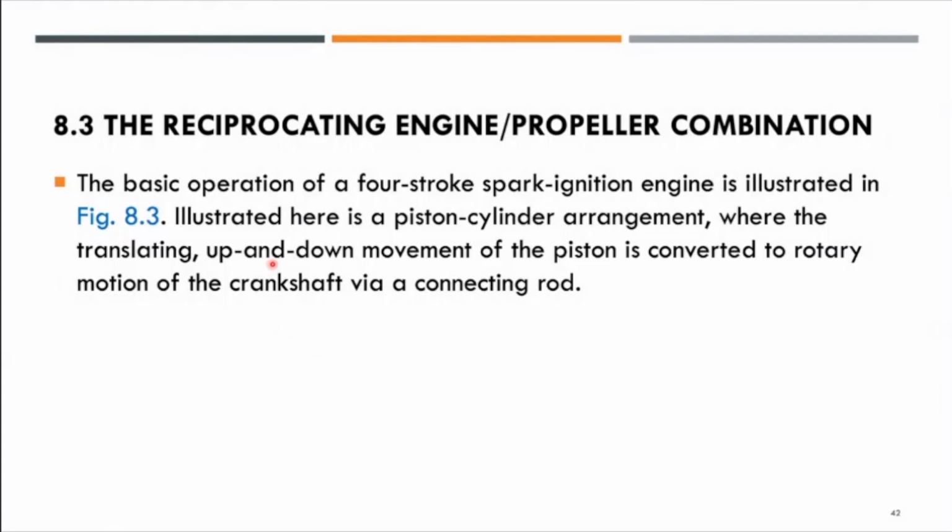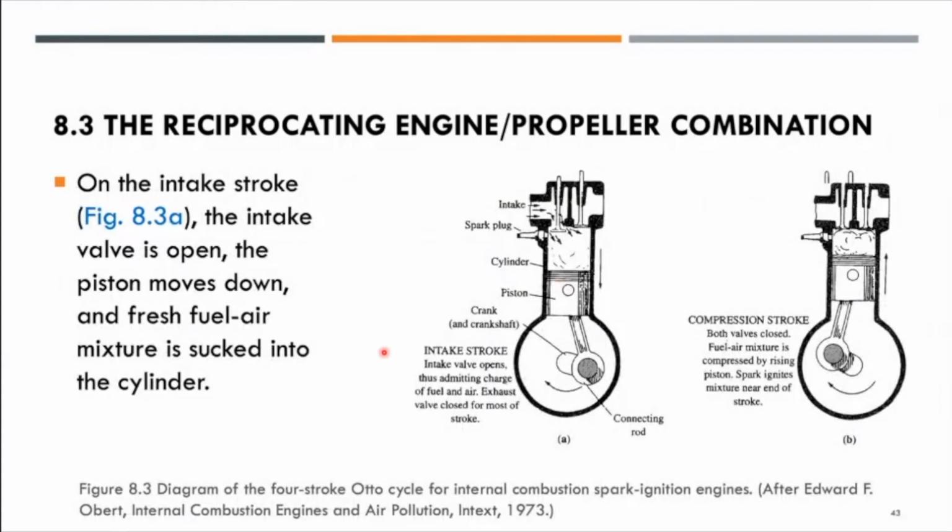This illustration gives a piston cylinder arrangement where the translating up and down movement of the piston is converted to rotary motion of the crankshaft via a connecting rod. This diagram, figure 8.3, shows the 4-stroke Otto cycle for internal combustion spark ignition engines. On the intake stroke, the intake valve is open.